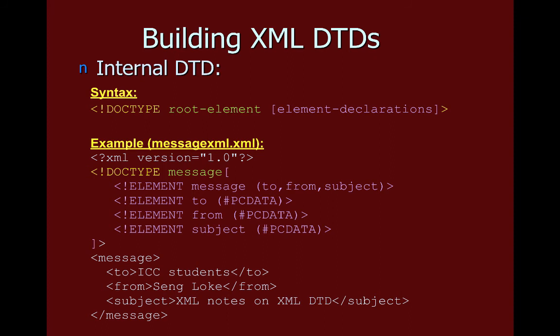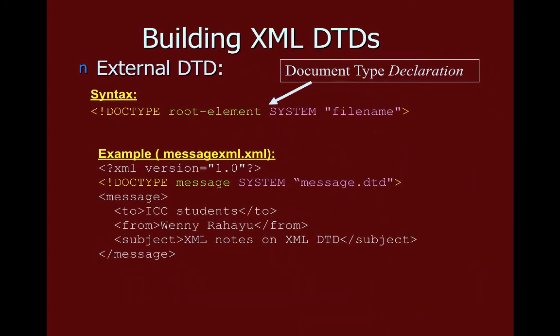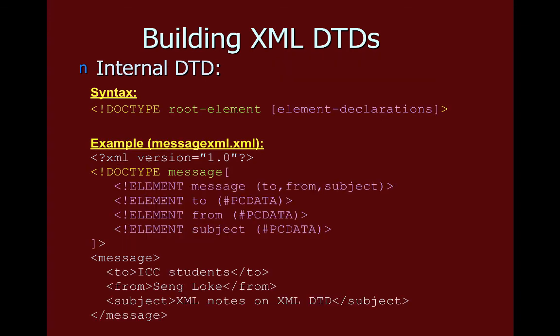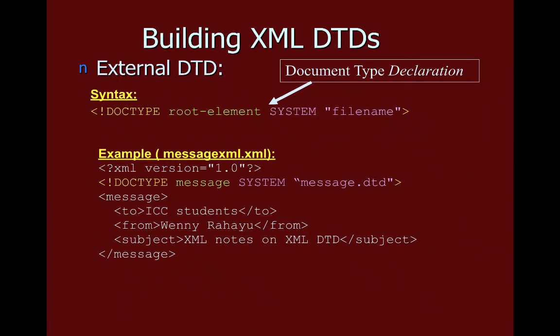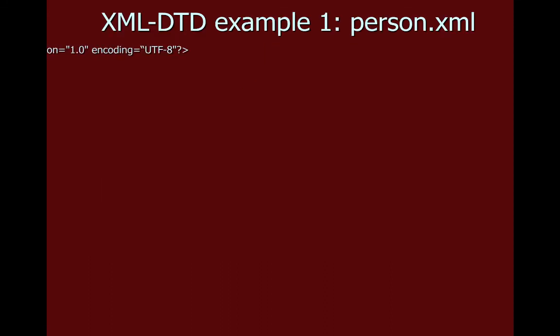So the DTD and the instance of the DTD are in the same file. In external DTDs, imagine you have the file called message.dtd that contains the doc type definition, right? And you just take the doc type definition and put it in a separate file, call it message.dtd, and you just link to it using that declaration there.